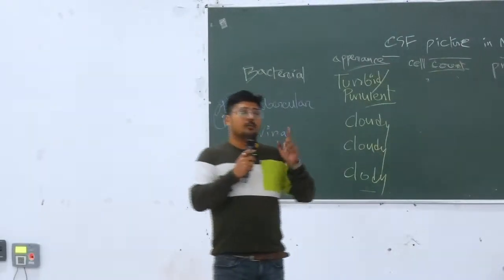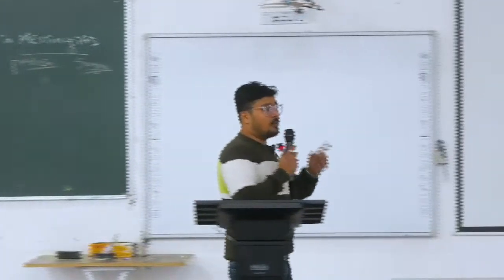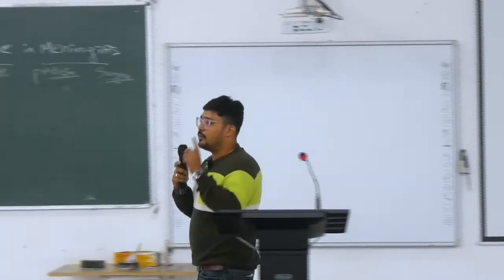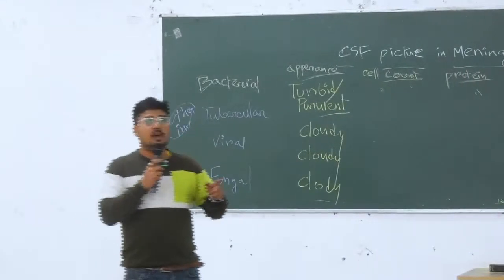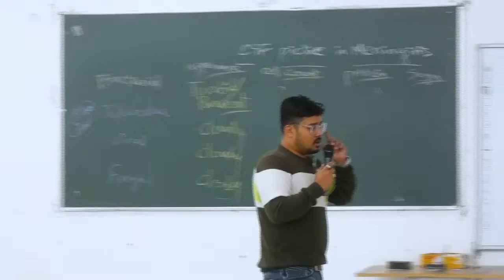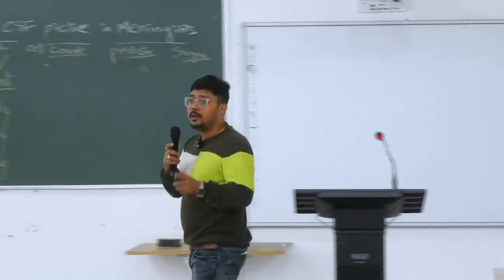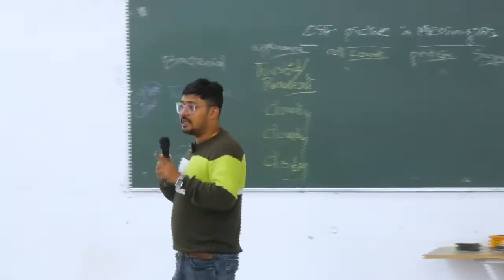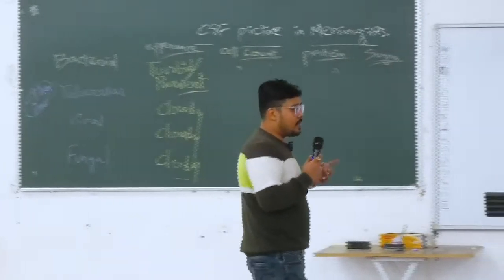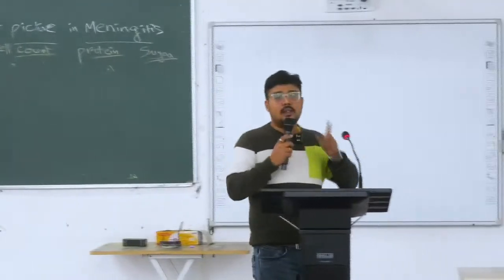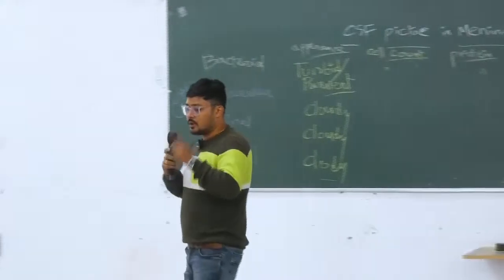Please remember, the normal protein amount of cerebrospinal fluid in a healthy young individual, infant or child is 15 to 45 milligram per dL, that is 1% of the total serum protein.